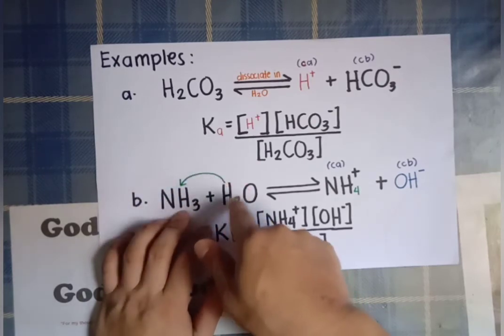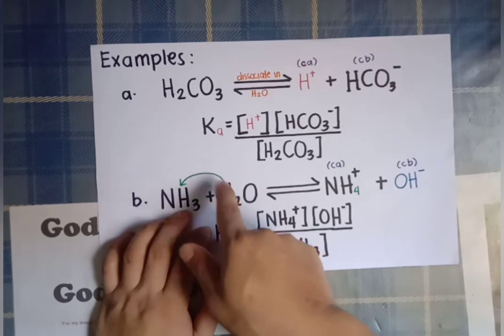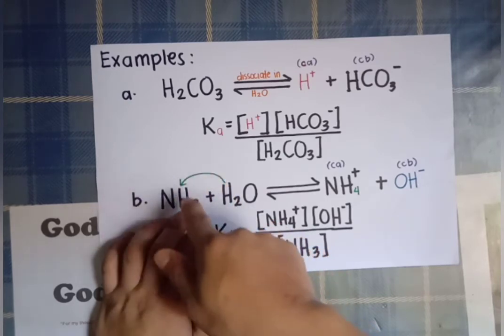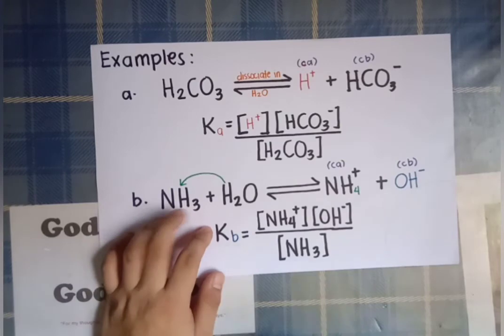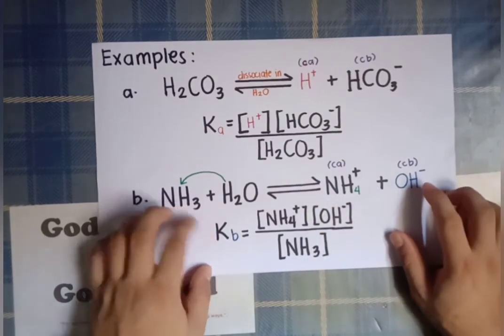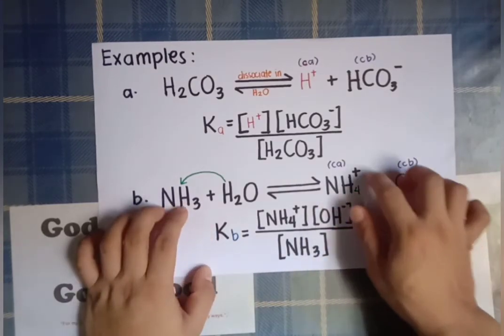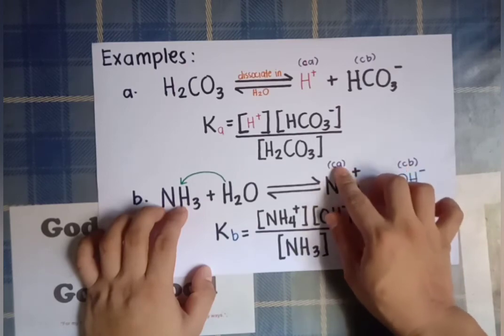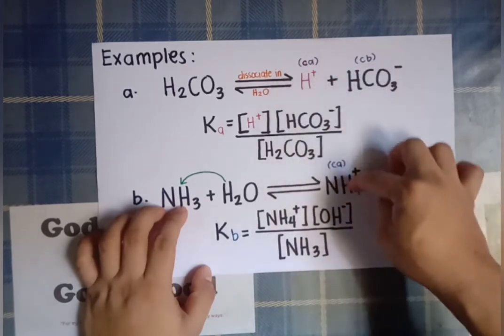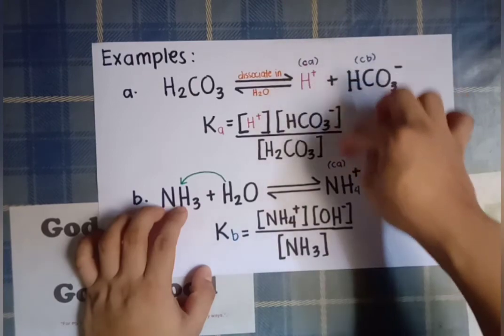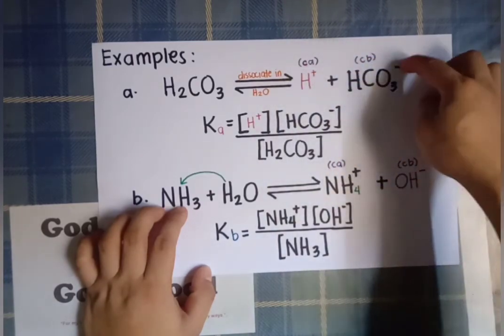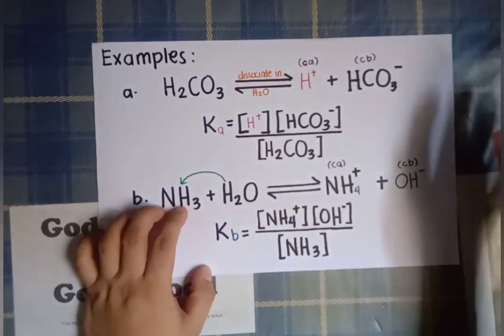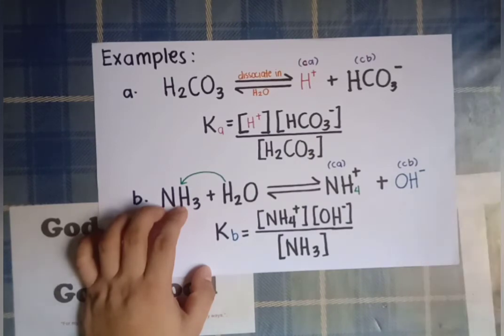So from water, it will donate hydrogen to our NH3 molecule, and NH3 will now become NH4. Now NH3 is a base, therefore NH4 positive is a conjugate acid. And as you have noticed here, all positively charged ions are always conjugate acids here, and all negatively charged ions in the right side of the equation are always conjugate bases.